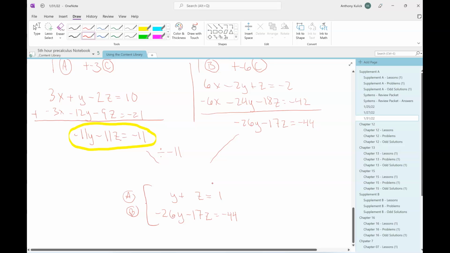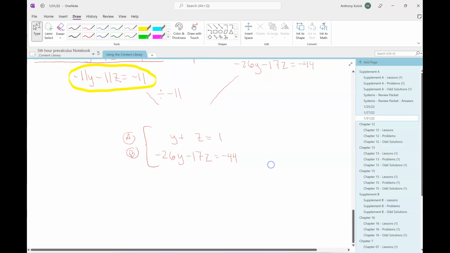That makes the elimination a heck of a lot easier on the next step, right? Will you always be able to do something like that? No. But if you notice that you can do something like that and it makes your life easier, feel free to go ahead and do it. Almost always, if you can make the coefficients smaller, the problem usually gets a little nicer. You know what I mean? So that's a nice little trick that you can tuck away and put into your toolbox.